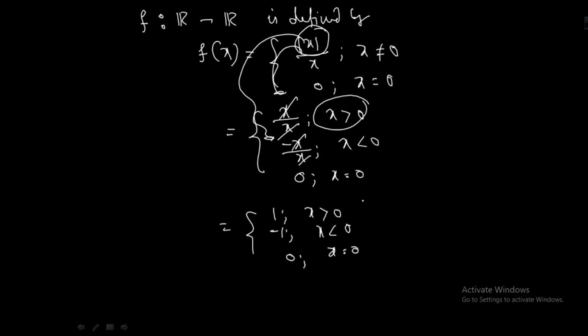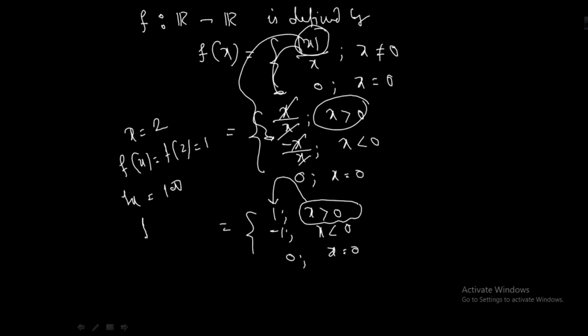That means we can see that for each and every positive value of x, the image is 1. That means if I choose x equal to 2, then the image, that means f(2), is 1. If I choose x equal to, suppose, 100, then f(100) is equal to 1, because for all positive values of x, the image is 1.